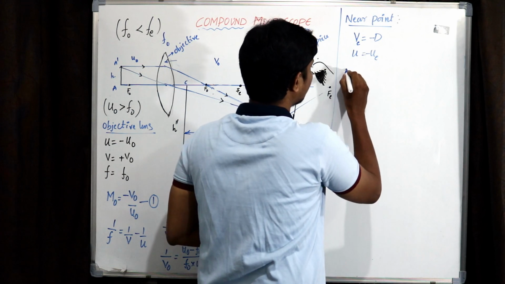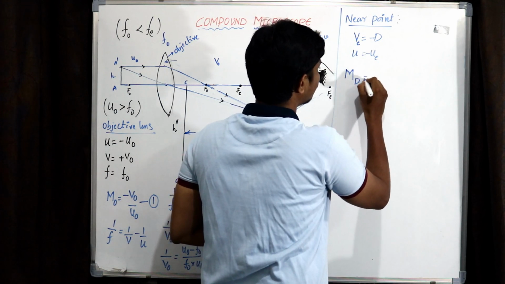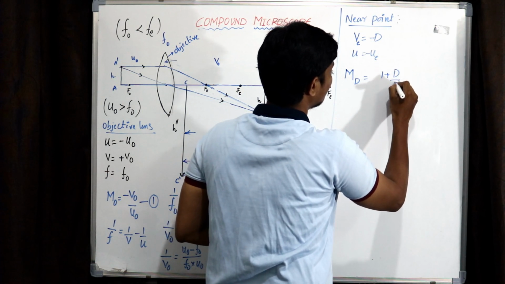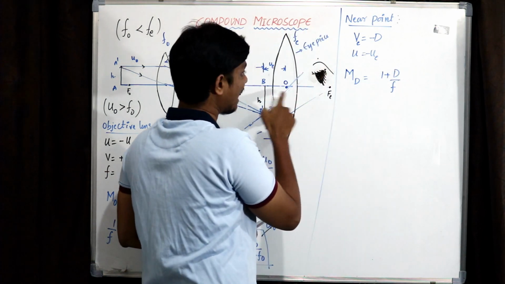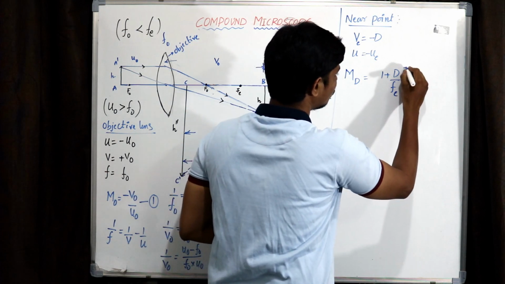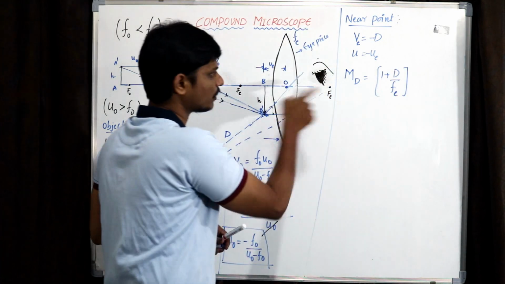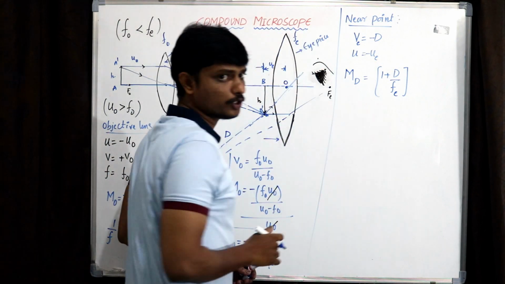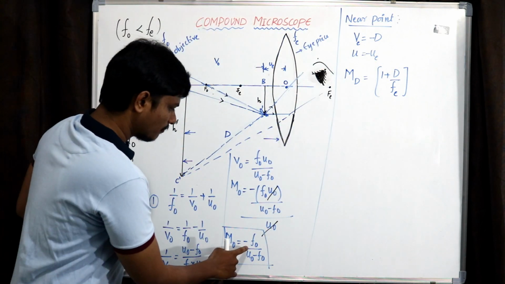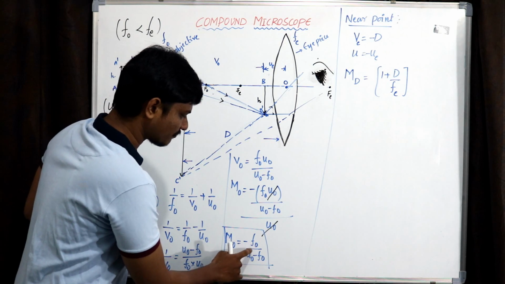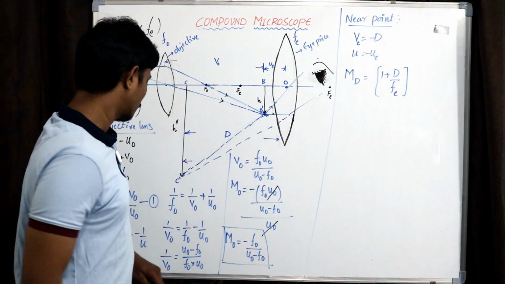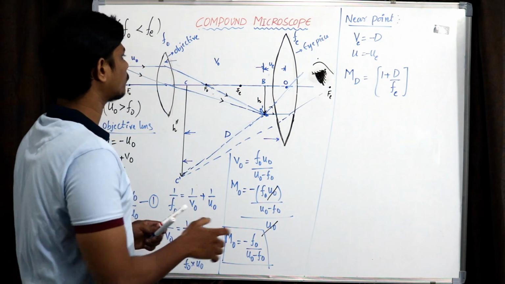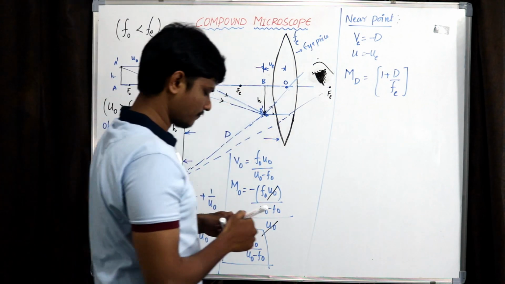For near point, M D is equal to 1 plus D by F. Here F is Fe because the focal length we are talking about is for the eyepiece, right? And what is the magnification produced by the objective lens? Minus F naught by U naught minus F naught, or minus V naught by U naught. So what is the total magnification produced by both the lenses?